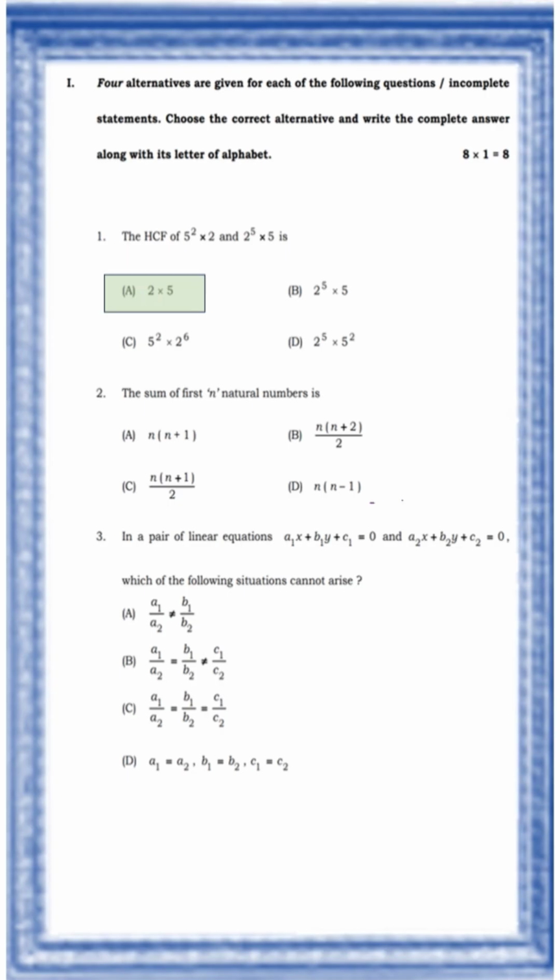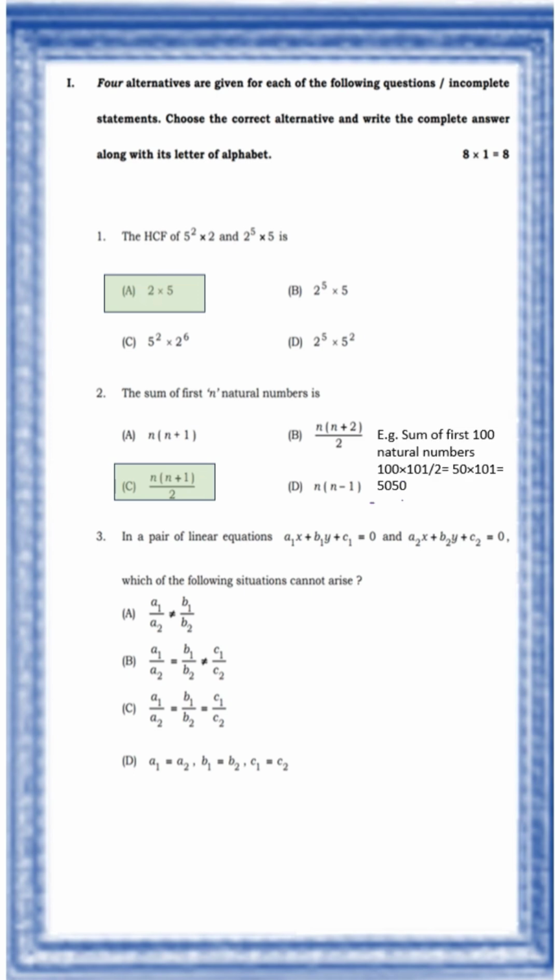The second question. Sum of first n natural numbers is: option A, n into n plus 1; option B, n into n plus 2 by 2; option C, n into n plus 1 by 2; option D, n into n minus 1. Option C is correct, n into n plus 1 by 2.